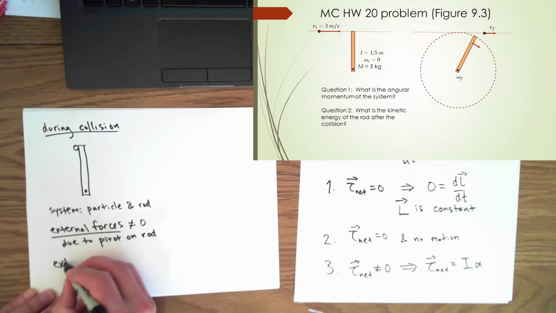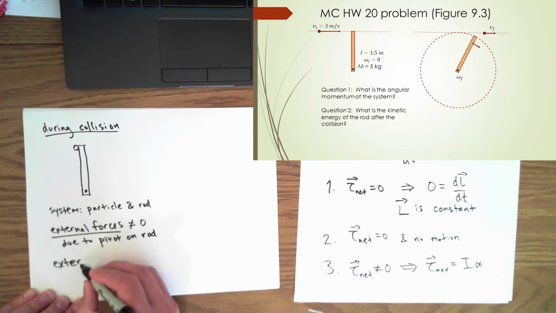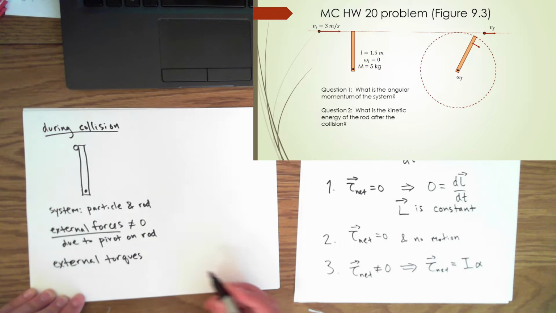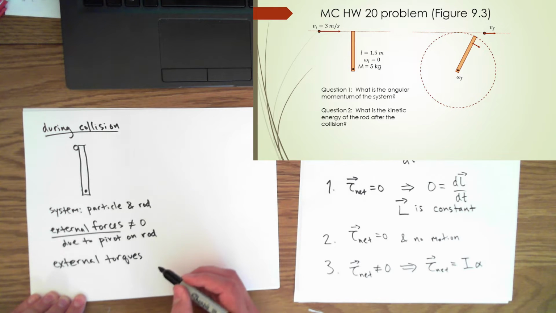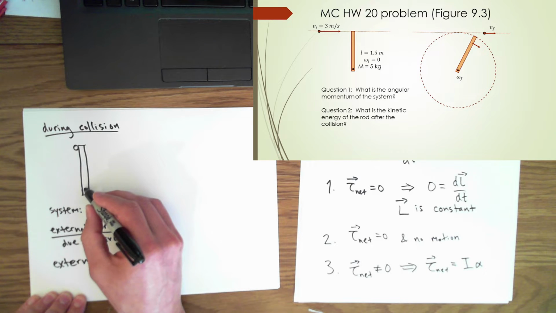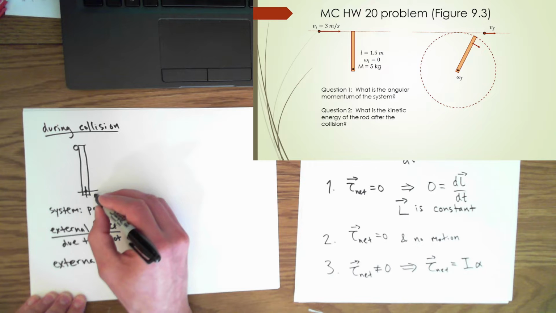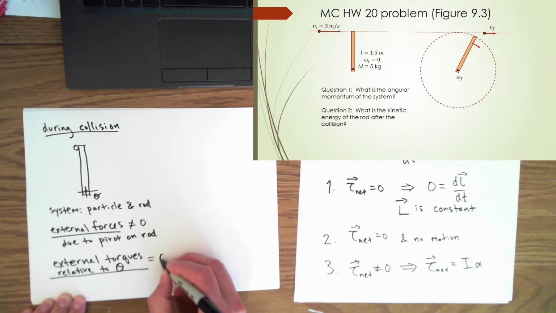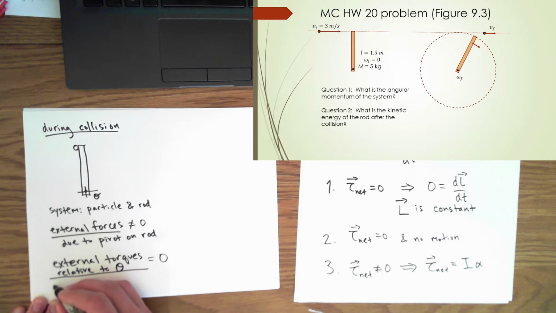But the external torques, on the other hand, at least if you're going to consider torques relative to an origin that's located at the pivot. So we consider our origin right here. So relative to the origin, these are equal to 0, so there are no external torques.